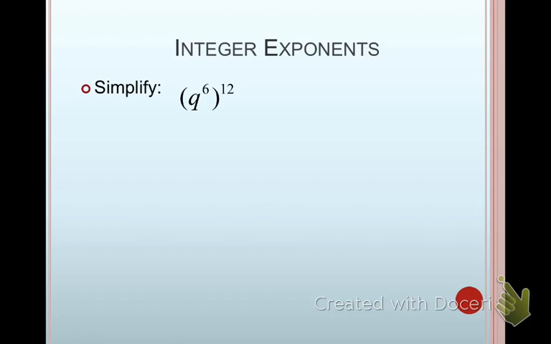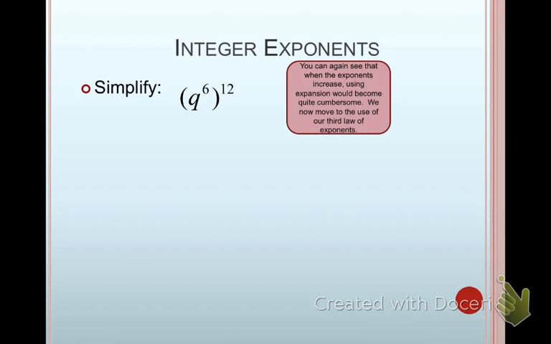So, hopefully, you'll start to pick up a pattern on what might happen there. Because again, just like the other situations, I don't expect you to be able to write it out every time. Because to write out q to the 6th to the 12th power would be very laborious. There is a shortcut to this.